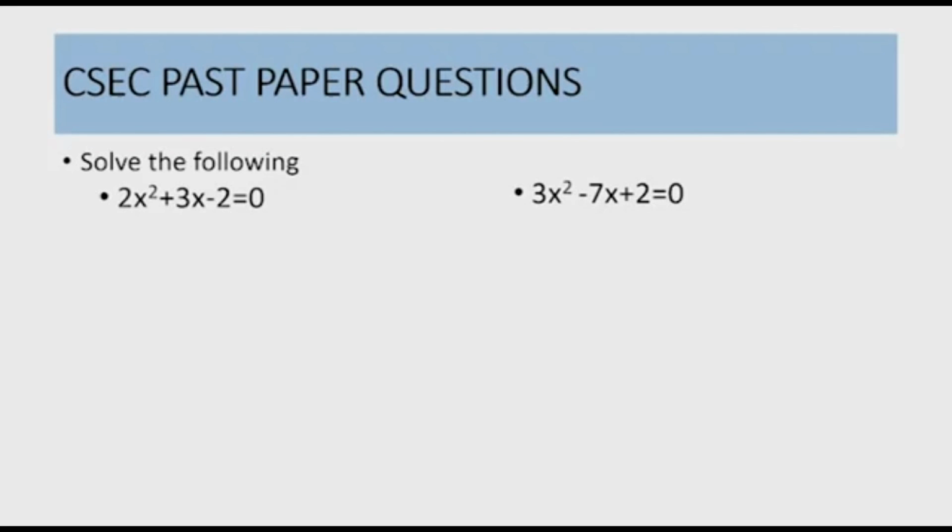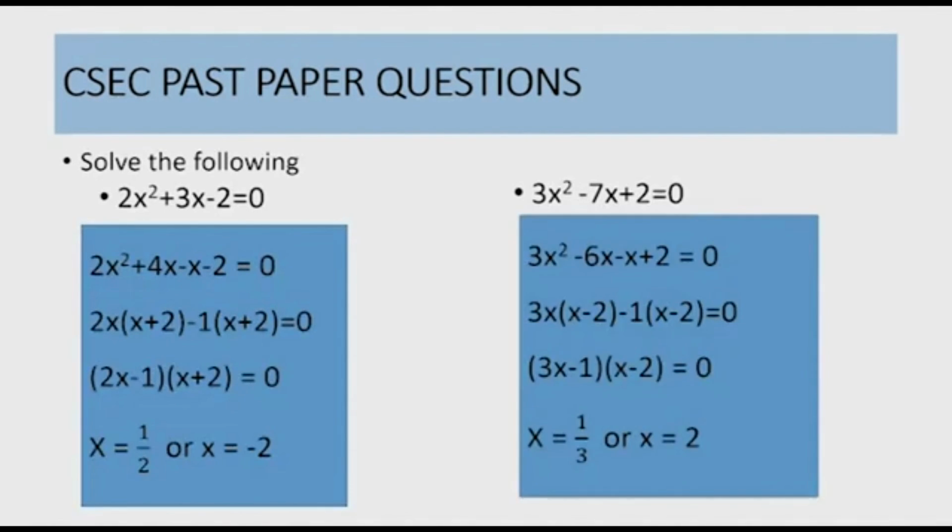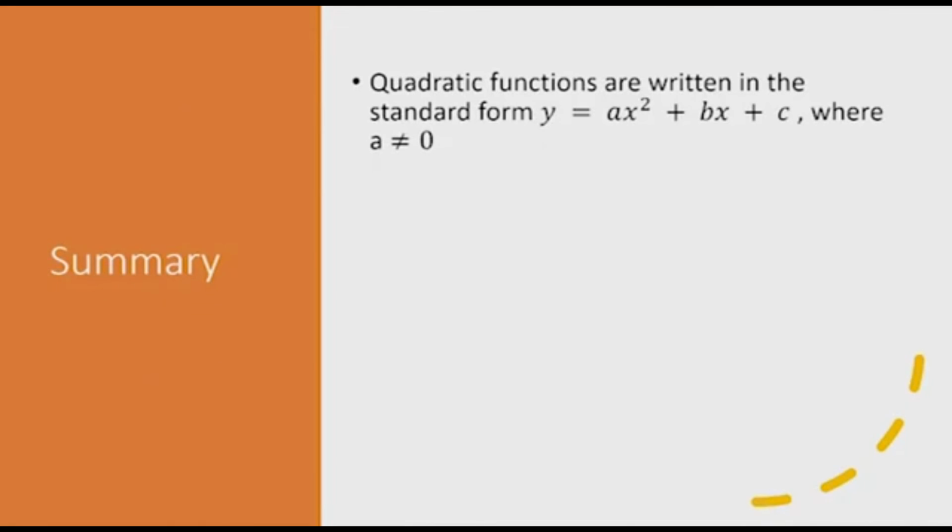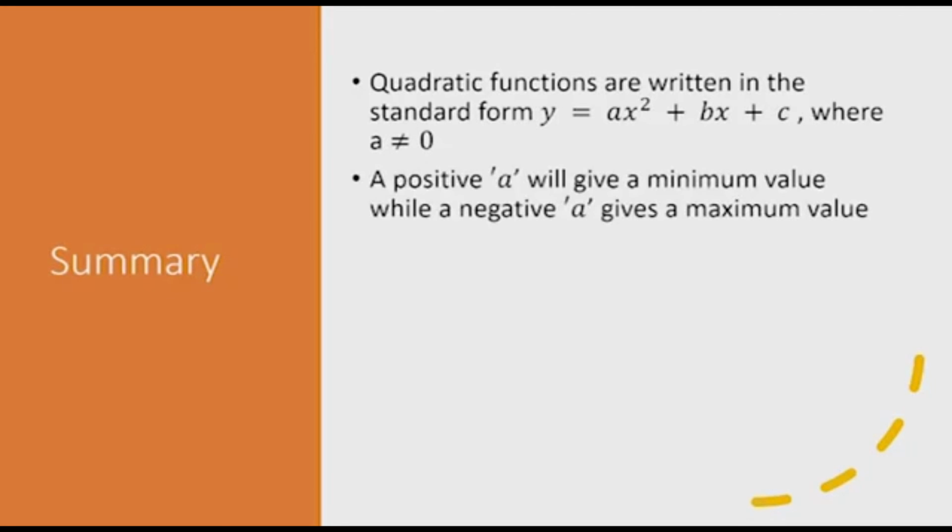And of course, we hope that you would have gained something from today's lesson. As we summarize quickly, today we learned that quadratic functions can be written in standard form, ax squared plus bx plus c. We also realize that we can have a happy or a sad graph: if a is positive, it's happy, and if it's negative, the graph is sad.